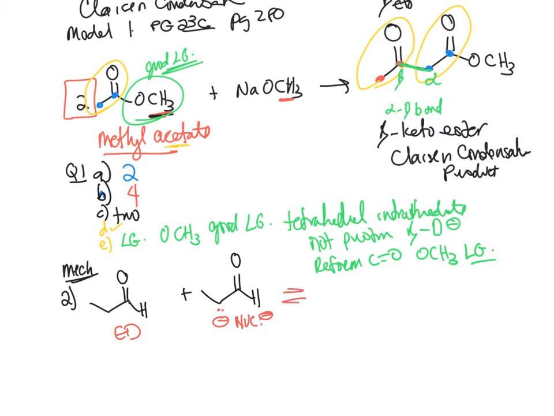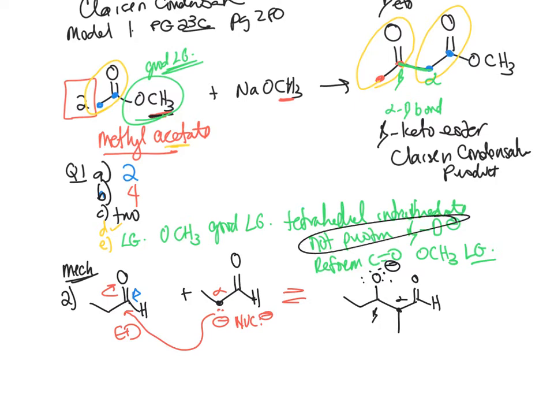Okay, and so what happens is this nucleophile attacks the electrophile. This is your alpha, this is your beta, and then those electrons go up. So that's your beta, this is your alpha. Okay, and then this gets protonated.